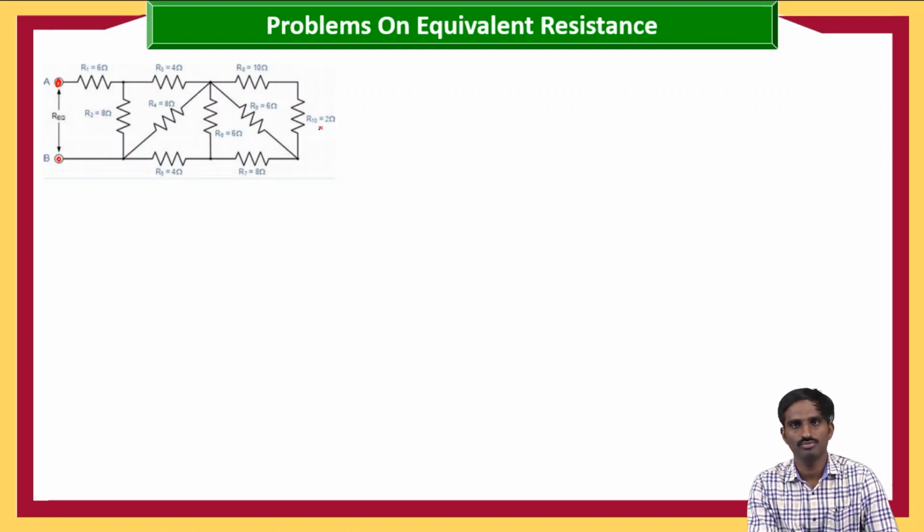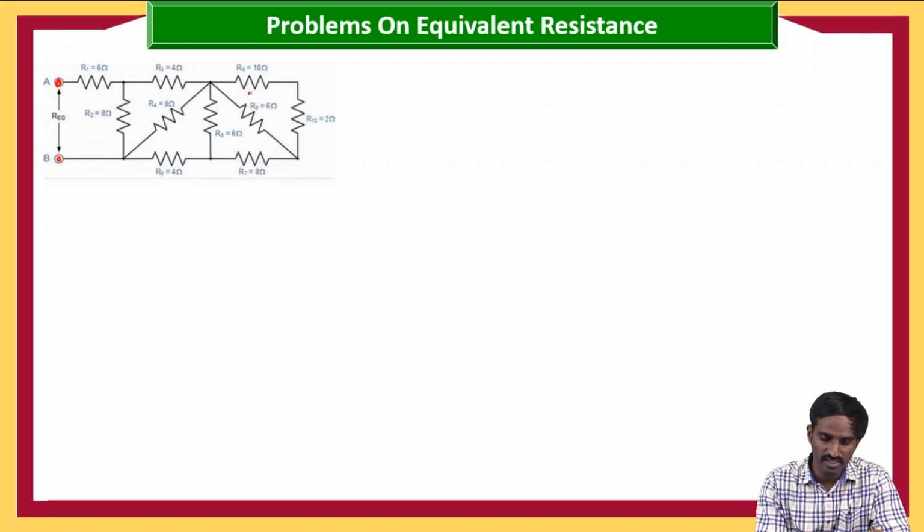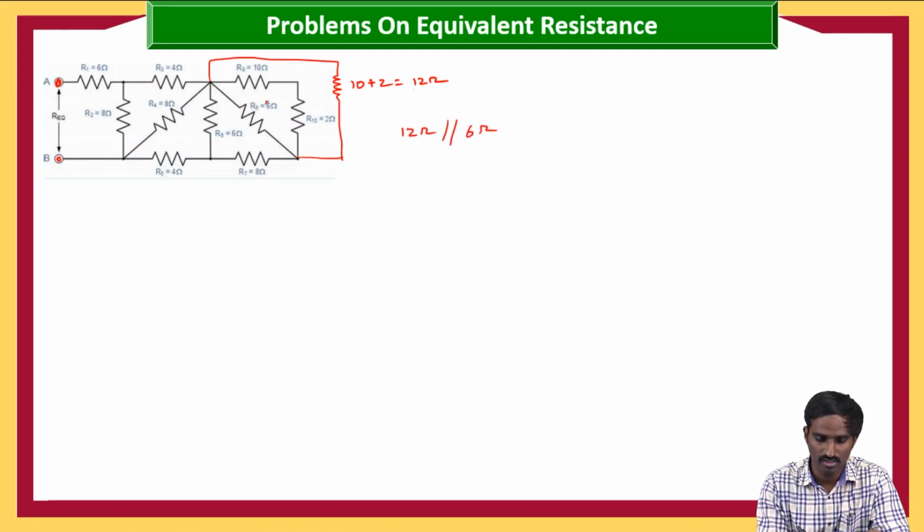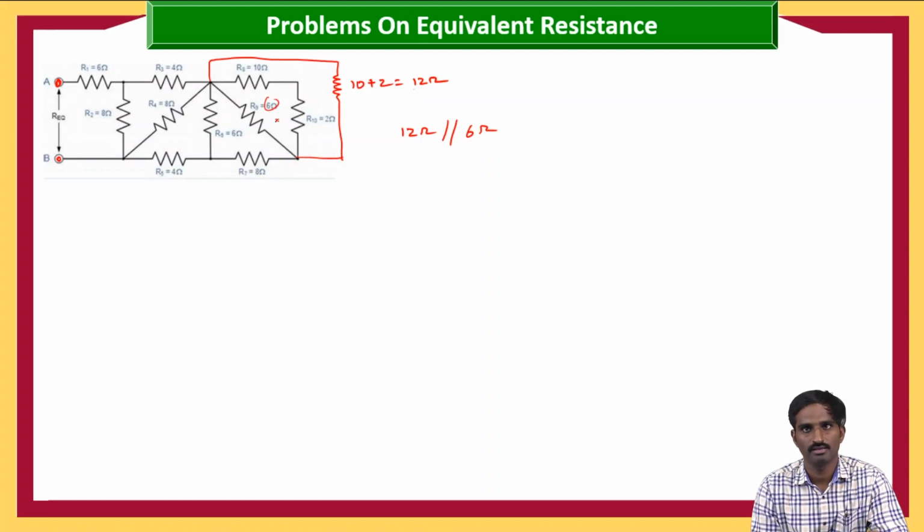Okay, 10 ohms and 2 ohms are in series. So across these two, let us draw here, you will be having one equivalent resistance. So here 10 plus 2, which is equal to 12 ohms. Then these 12 ohms and these 6 ohms are in parallel, right?